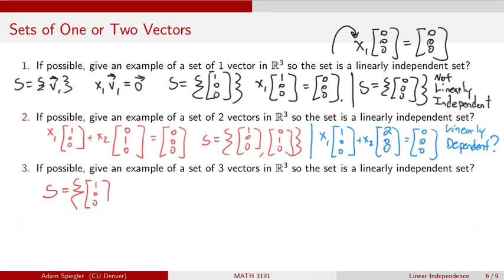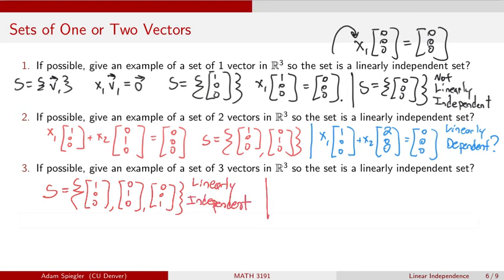So if I pick 1, 0, 0 as my first vector, 0, 1, 0 as the second vector, and then I can pick 0, 0, 1 as the third vector, and you can verify that there's no way that we can take some combination of these three vectors, picking non-zero weights, and wind up getting 0 on the right side. So this set S with 1, 0, 0, 0, 1, 0, and lastly the vector 0, 0, 1 is linearly independent.